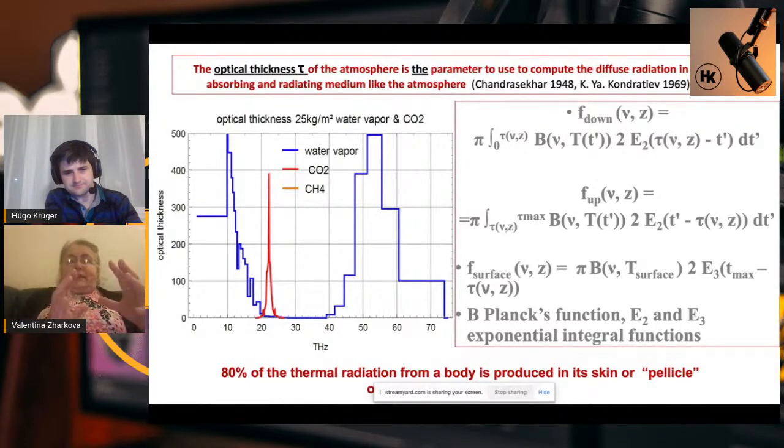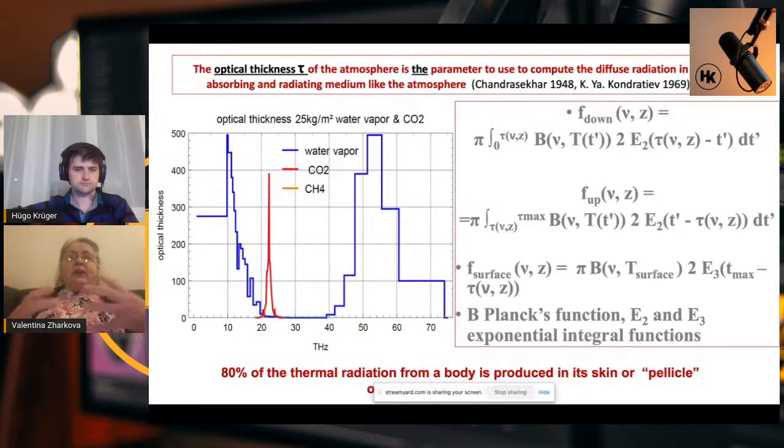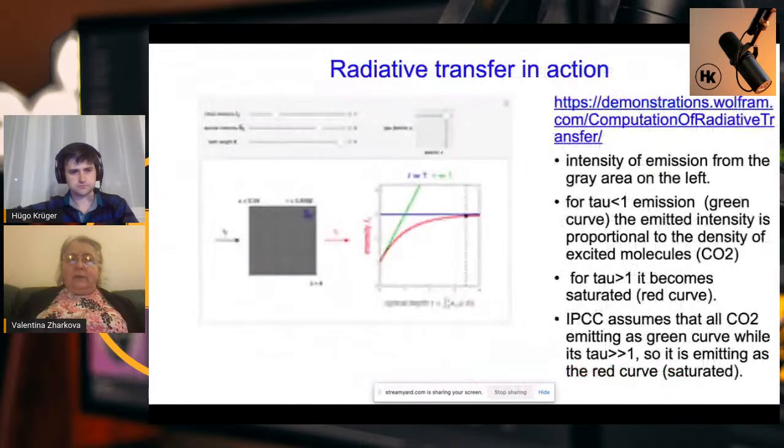They said, okay, we have 4 times more CO2 molecules. We add all the intensity from each molecule, and this gives the total intensity coming from the layer where the CO2 emits. Understand this, yeah? So they added everything together, while it is not allowed.